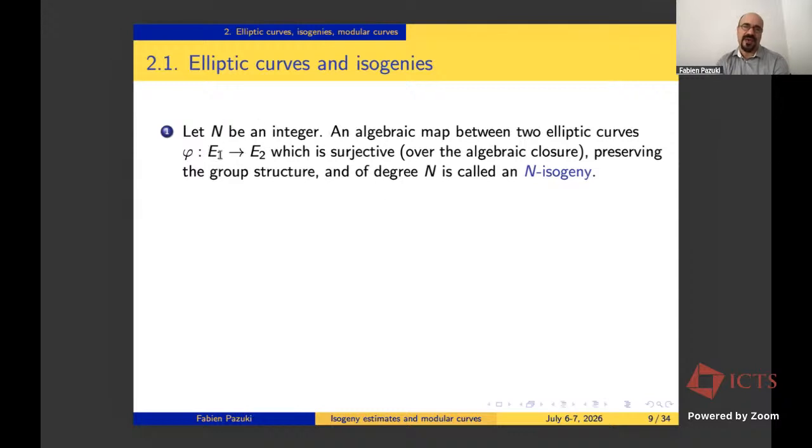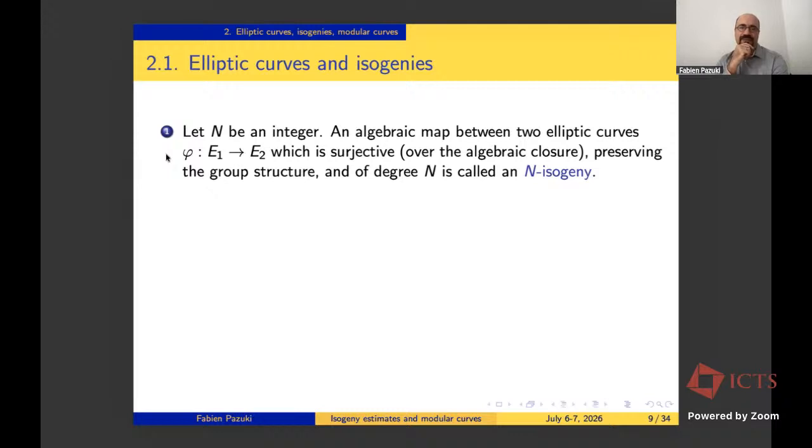Phi being such a map is in particular a homomorphism of groups. So it's both a morphism in the sense of varieties, or schemes in fact, but also just of groups. This is a rich concept. You preserve a lot of things using these maps.